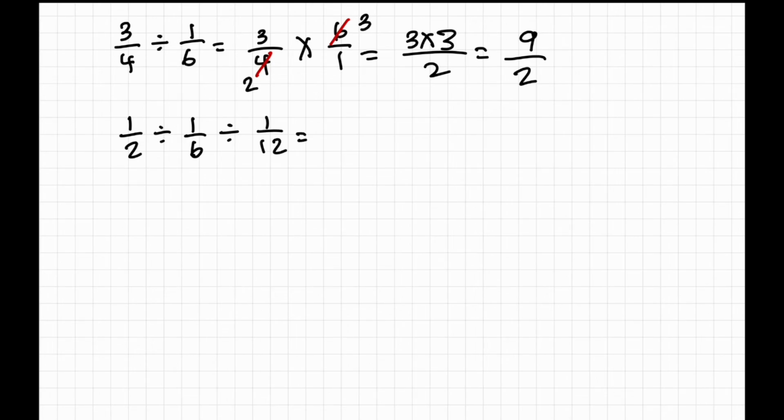A little bit harder. I wanted to just try this one last time. How would you do this one? So I would flip 1/6 and 1/12 into 6/1 and 12/1. Like this? Yep. And then you would multiply them.